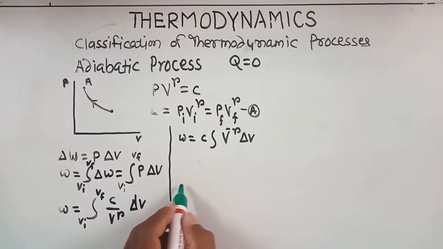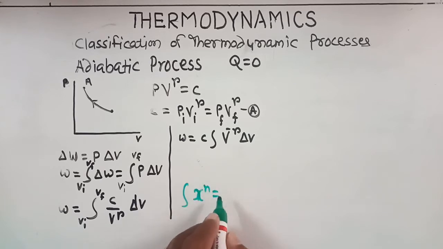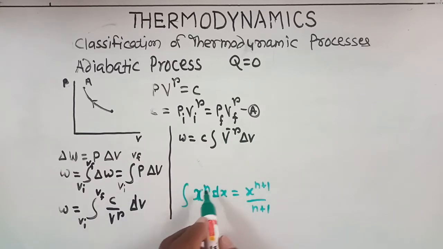And we know the integration of x raised to n dx is equal to x raised to n plus 1 upon n plus 1. Same thing is here. Here this n is replaced by minus gamma.